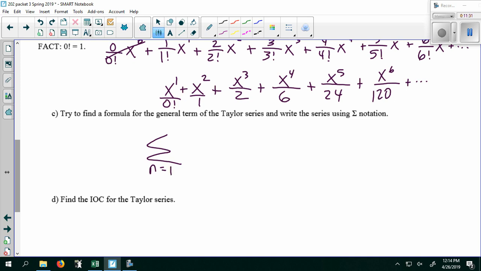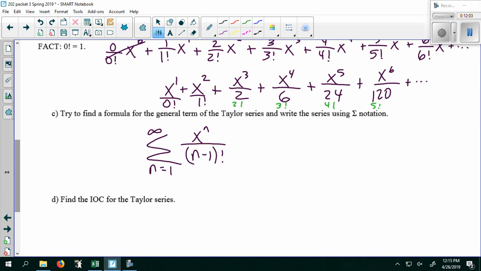So let's start n at 1, and I'll say they all have x to the n. And then the denominator is a factorial, 0 factorial, 1 factorial, 2 factorial, 3 factorial, 4 factorial, 5 factorial. These are all factorials that are 1 less than the exponent was. So this, take 1 from the exponent and do a factorial.